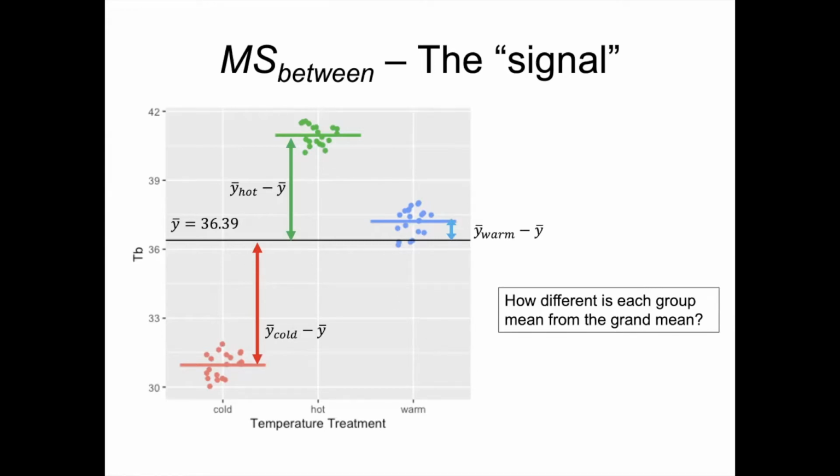And if you remember, I mentioned that we calculate this roughly as the average squared deviation of each sample mean from the grand mean. Squared deviations, just like our variance calculation, because we don't necessarily care about the direction, just the average magnitude. On average, how different are these sample means from the grand mean?